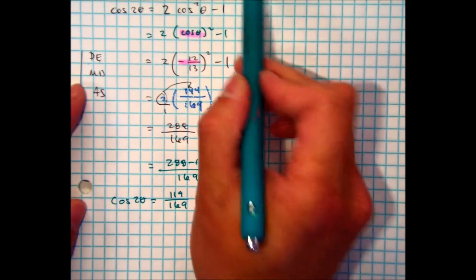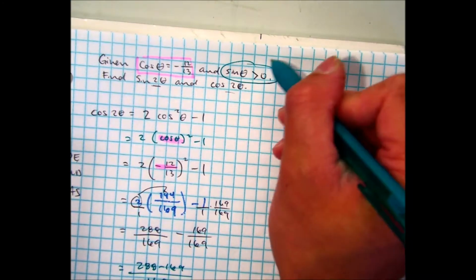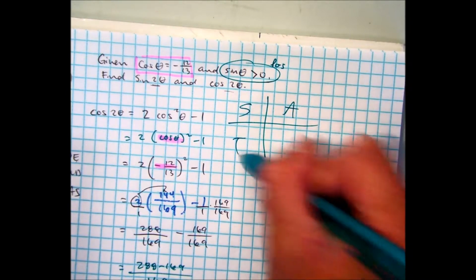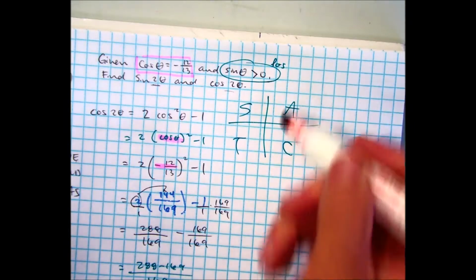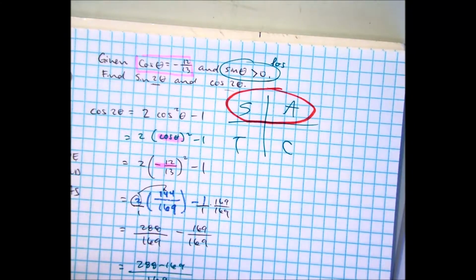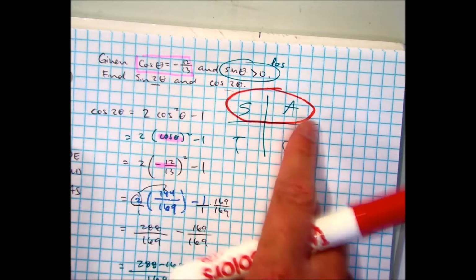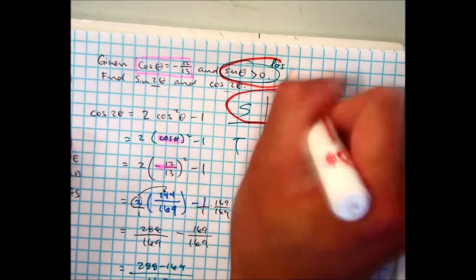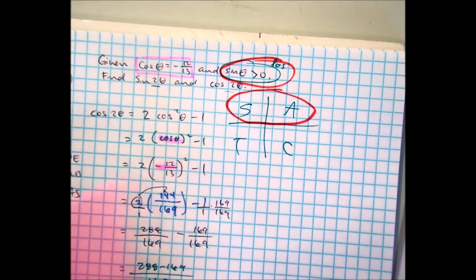Now it tells us sine is positive. So I should be thinking, which 2 quadrants should I be in? 1 and 2. If cosine is negative, is cosine negative here? Just color coded red. And then cosine is negative in which of these 2 quadrants?